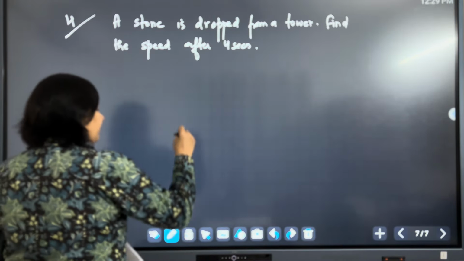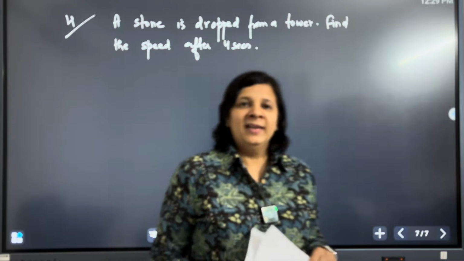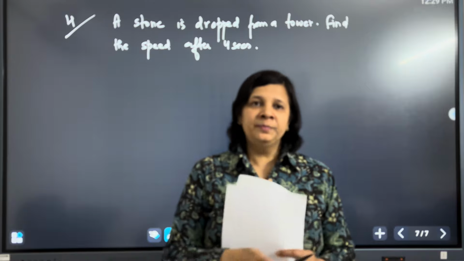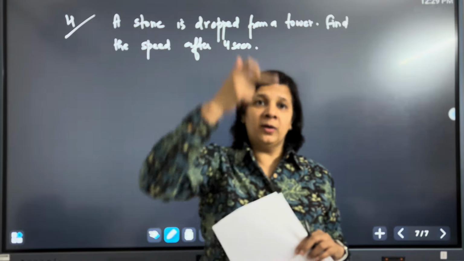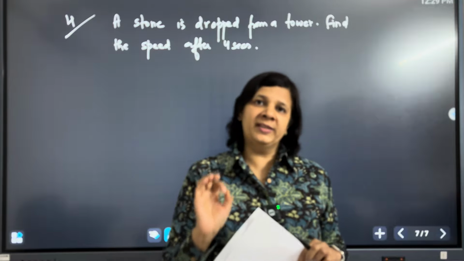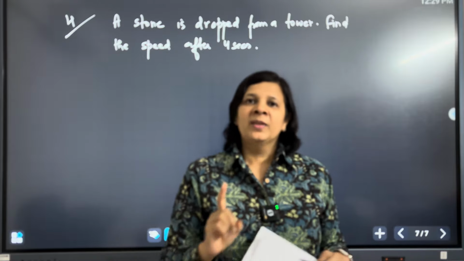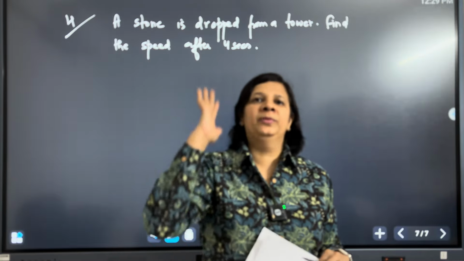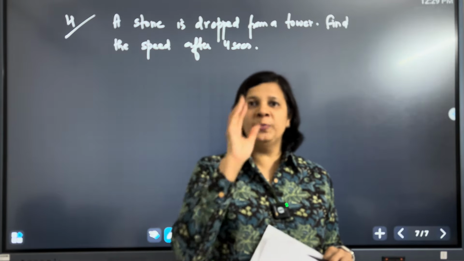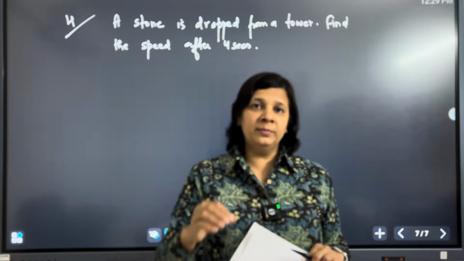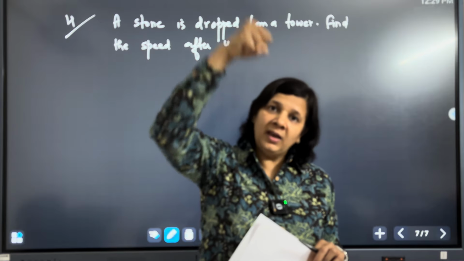Now again, if in a problem the ball is going up and down also, then you need to fix that upward direction is positive, downward direction negative, right? If the ball is going only up, again you can take upward direction to be positive. But now in this problem, the stone is coming down.